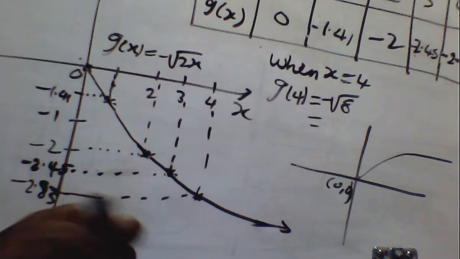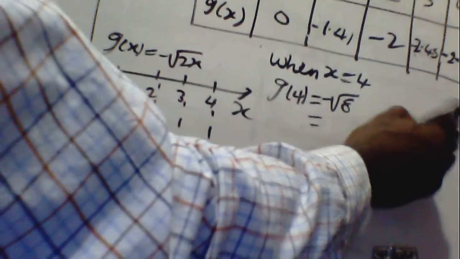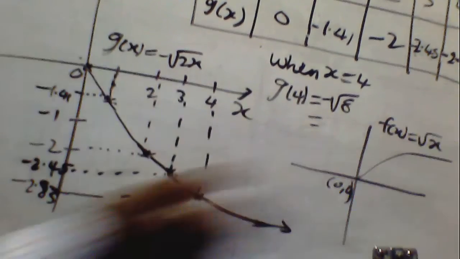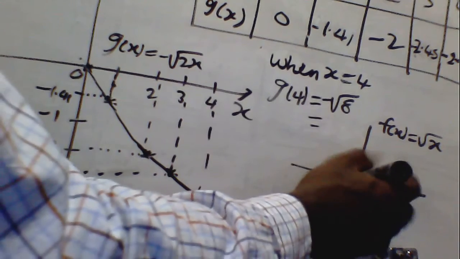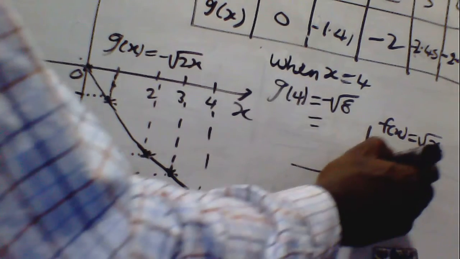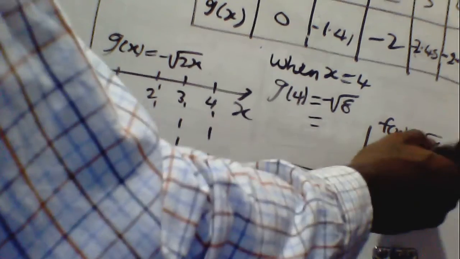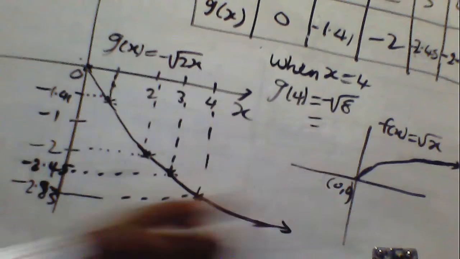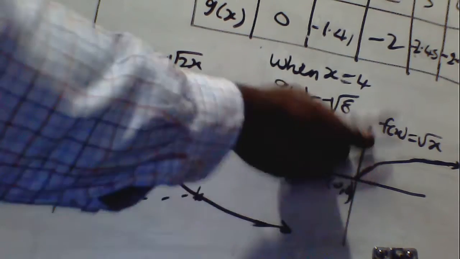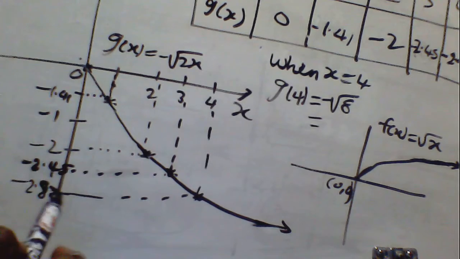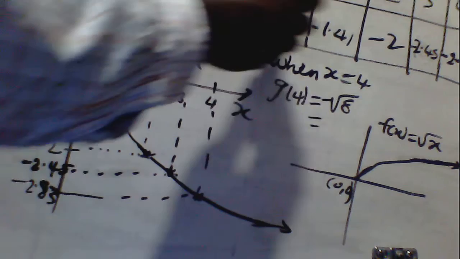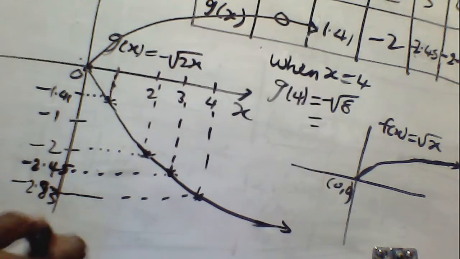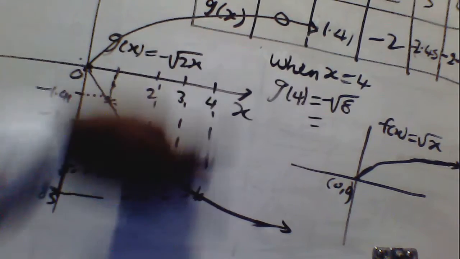We have done that before. So f of x is equal to the square root of x. This is how the parent will look. It is in the opposite direction to this. If we put the parent here, you can now see it is a reflection on the x-axis.